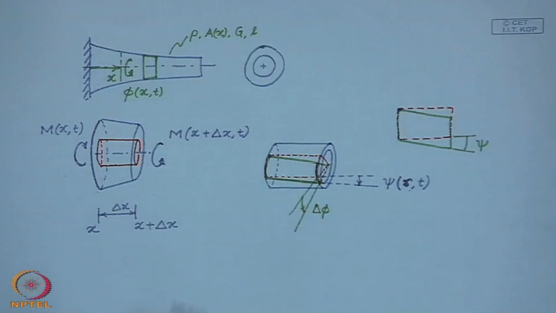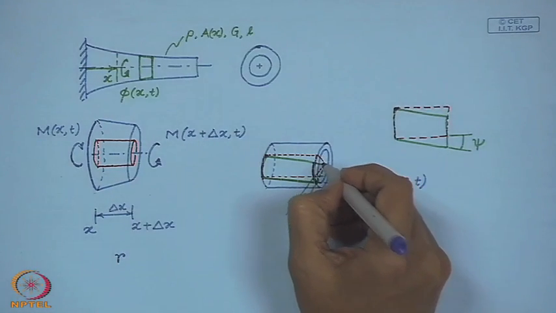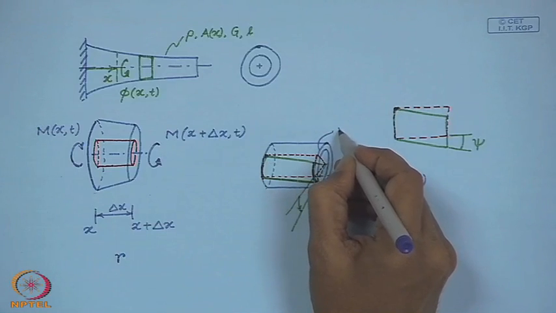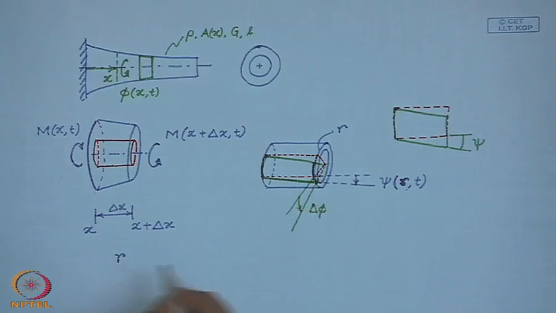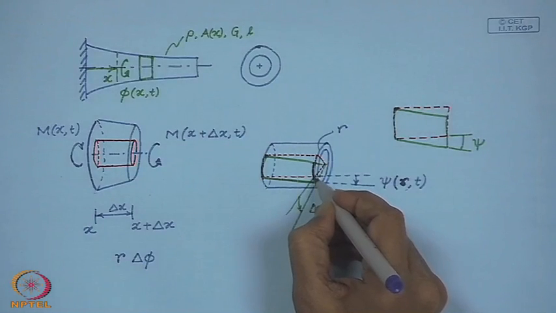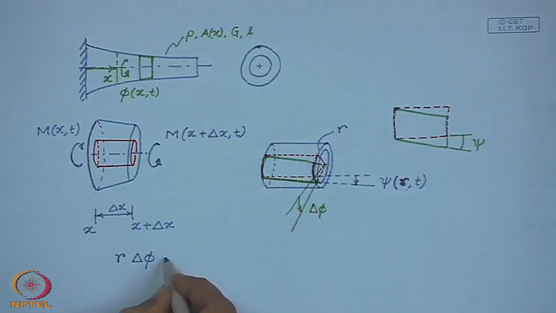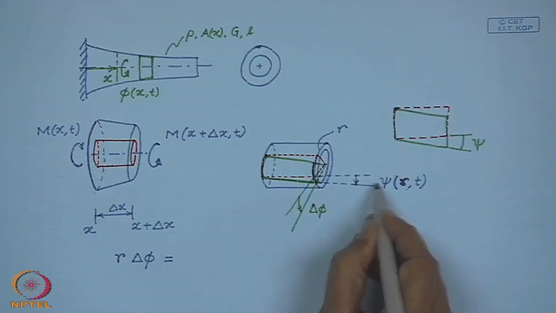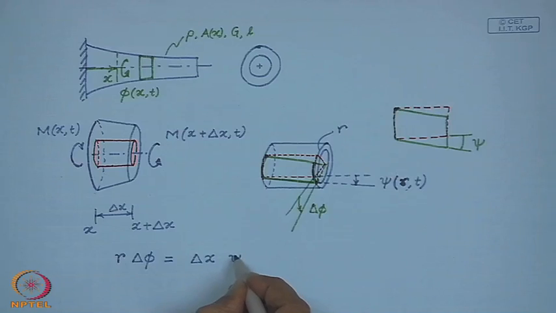So, with this kinematics, we can write, r being the radial location, r times delta phi, which is this small length, must be equal to this length, which is delta x, times the shear strain.